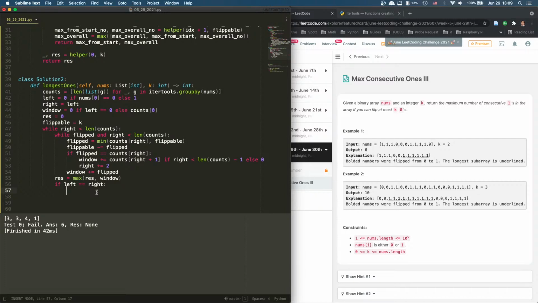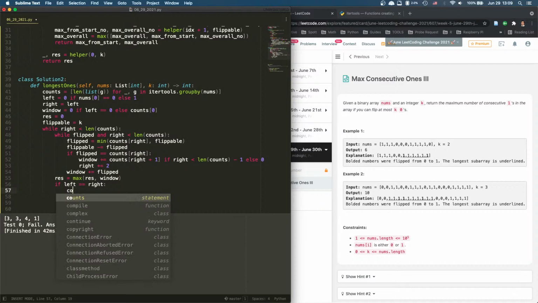Yeah, if it's too big, that's how we're going to do it. So if left equals right, that means we can do counts. Go back up, and change the flippable value. Coming in again. And then the right will go on.